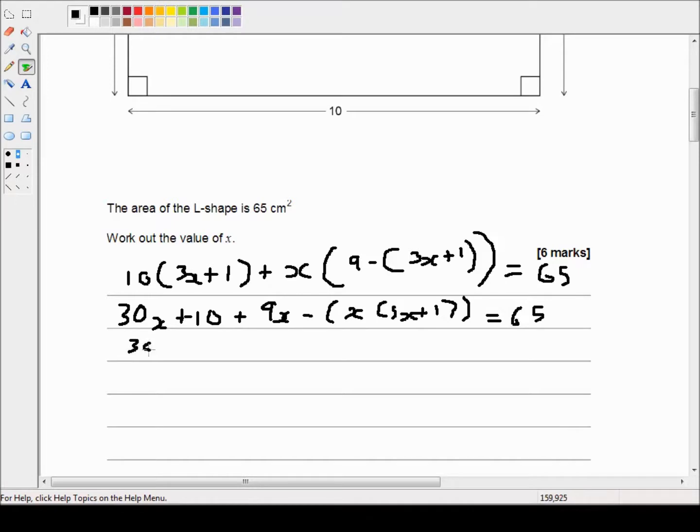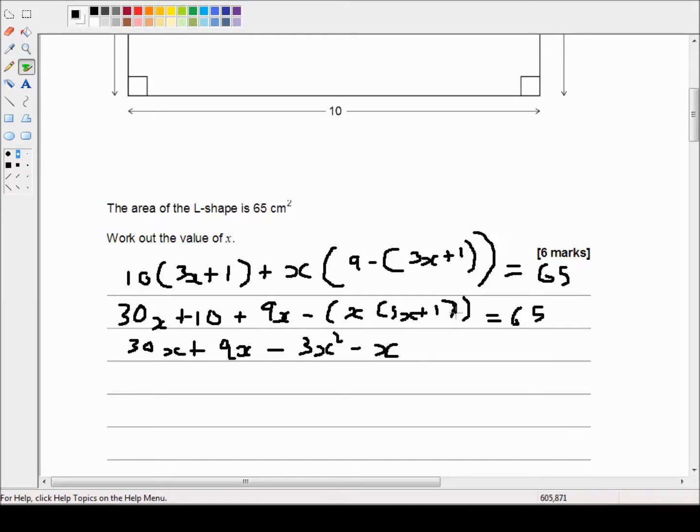So 30x plus, I'm going to leave this as 9x. I'm going to take that 10 over. Minus, so negative x times 3x is minus 3x squared, and then negative x times 1 is negative x.